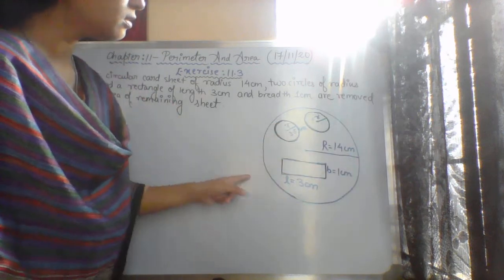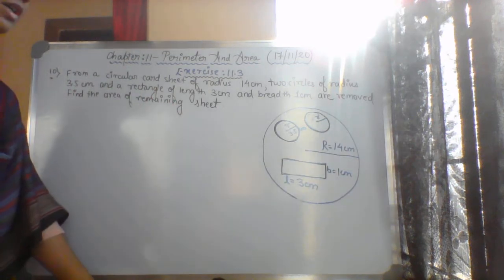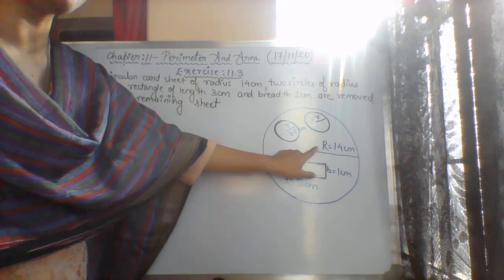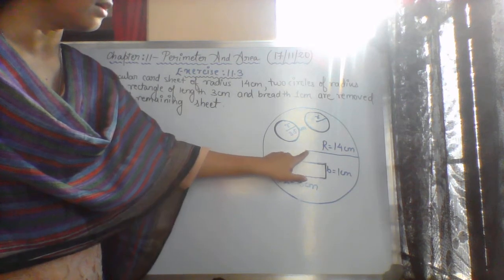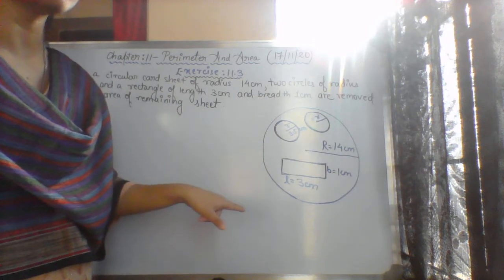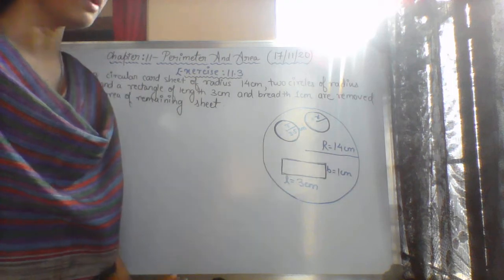There is a circular shaped card sheet, and I am denoting the radius of the bigger circular card sheet with capital R, which is 14 centimeter.